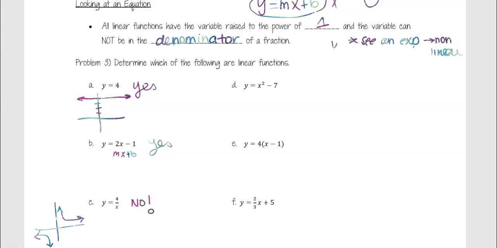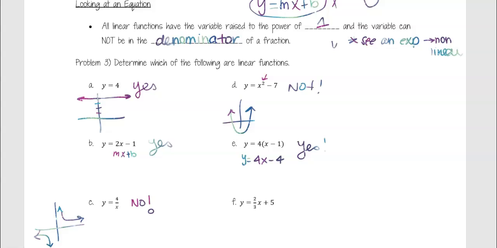Let's look at D. I've got an exponent. Right away I see an exponent, so it's not linear. That's actually a parabola. Looks like this. Definitely not linear. Y equals 4 times x minus 1. Variable isn't in the denominator. There's no exponents, so yes, it's a linear function. Guys, if you distribute that 4, it's slope-intercept form.